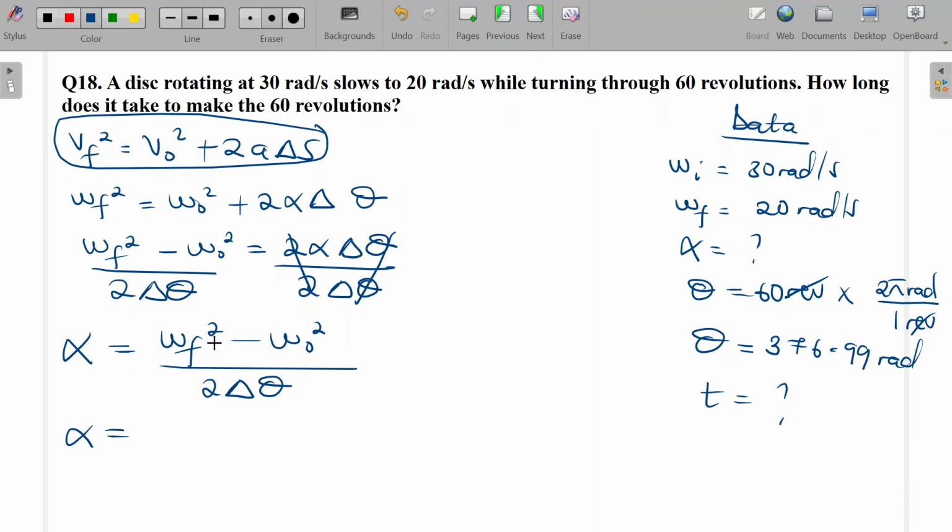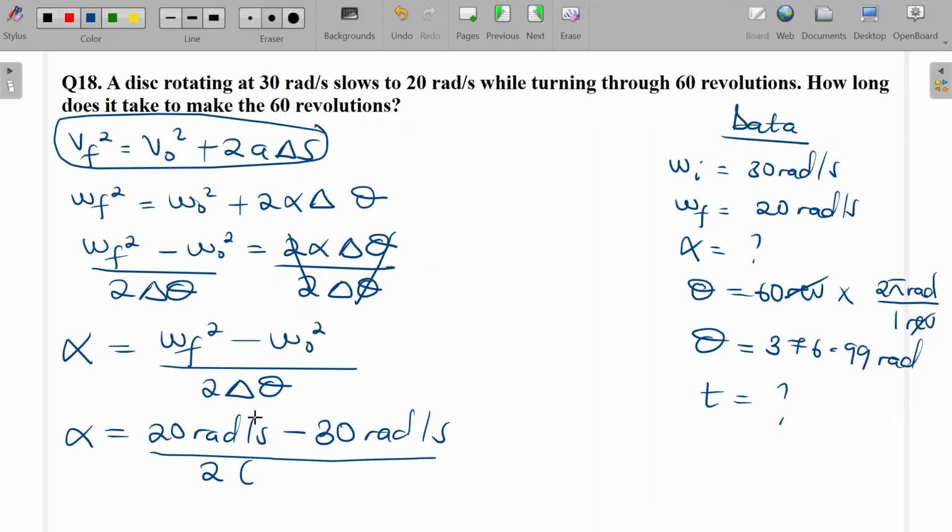Therefore, your angular acceleration is going to be equal to, what was your final? It was 20 rads per second minus 30 rads per second, over 2 times your change in theta, 376.99 rads. Therefore your angular acceleration will be 20 minus 30, that is negative 10, divided by 2 times 376.99.